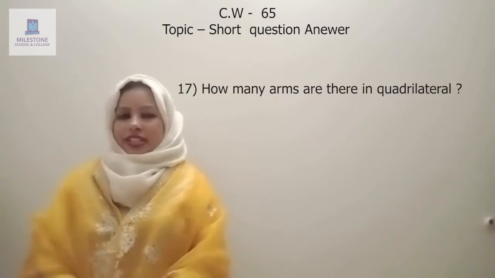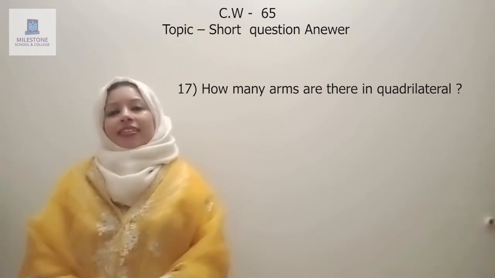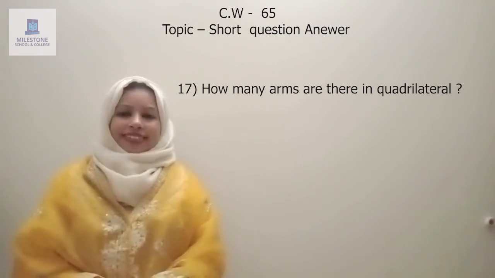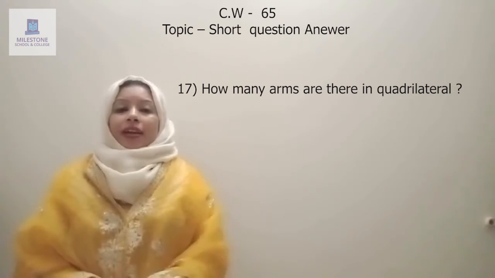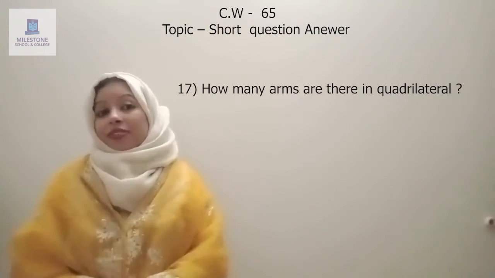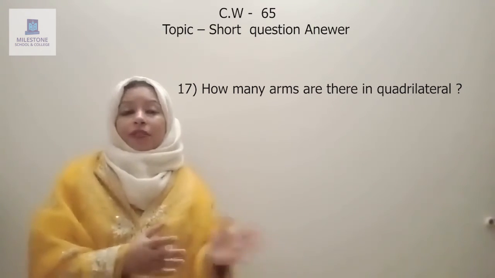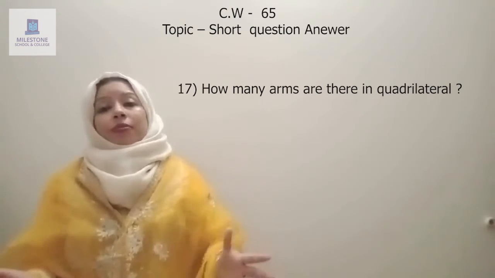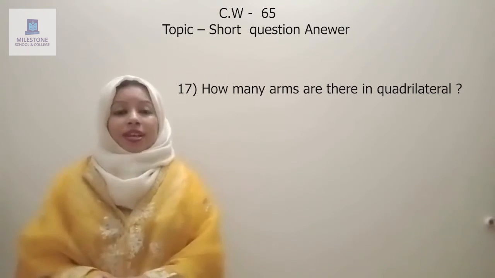Question number 17. That is, how many arms are there in a quadrilateral? I know that you have already learned about different types of quadrilaterals and the definition of a quadrilateral also. So for all types of quadrilaterals, how many arms?